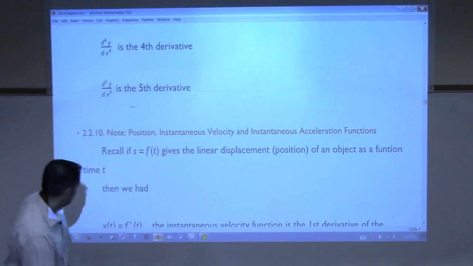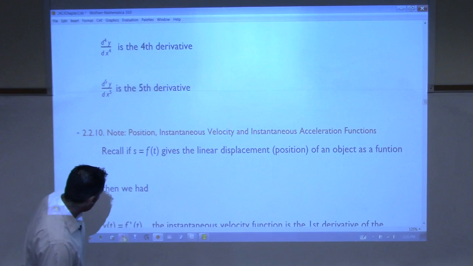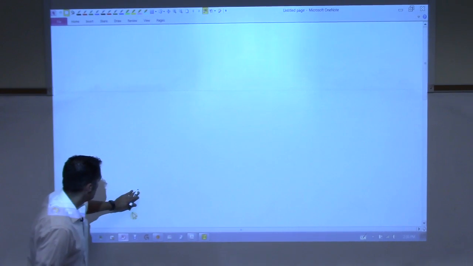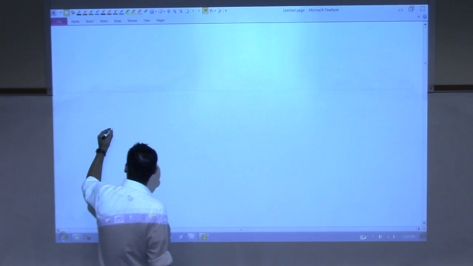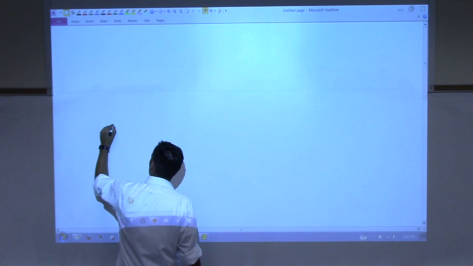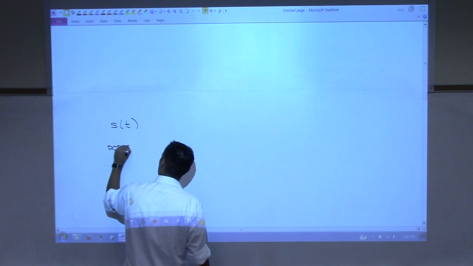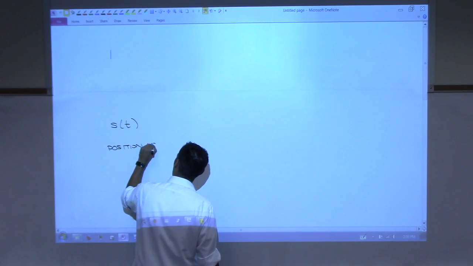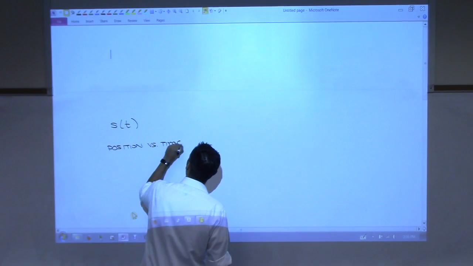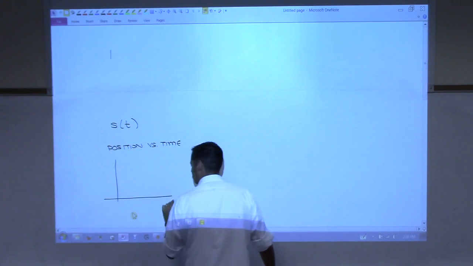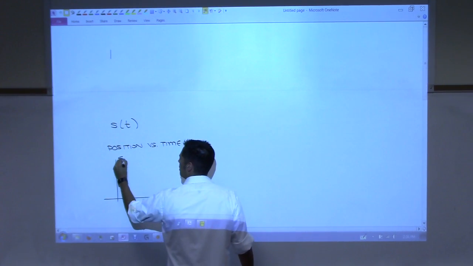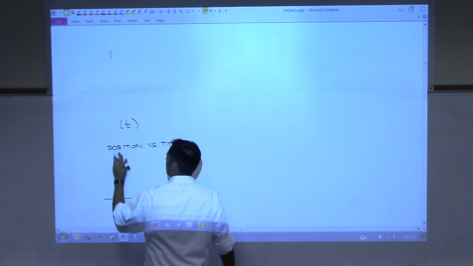So the last topic is pretty straightforward. We did discuss that if you have a position function, s of t gives you the position versus time of an object. Let's use d instead of s.